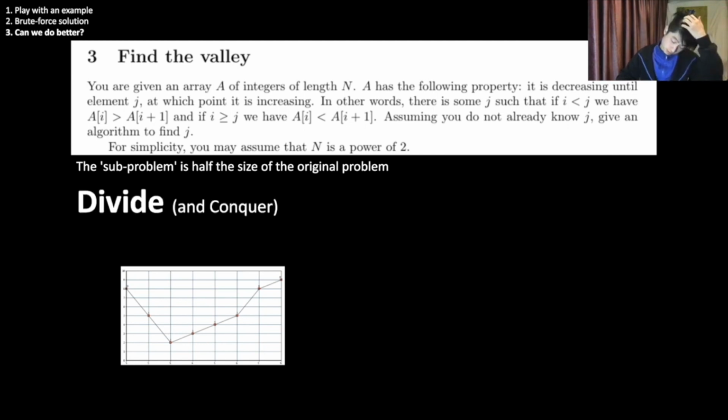So this sounds like a divide and conquer kind of question, where the recursive call is made on the part that contains the answer, which is the value.